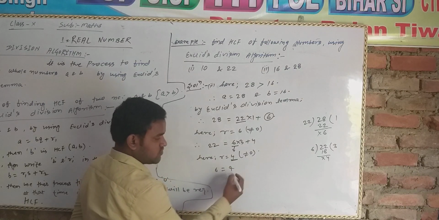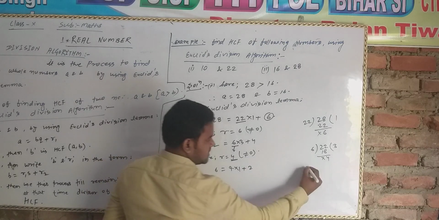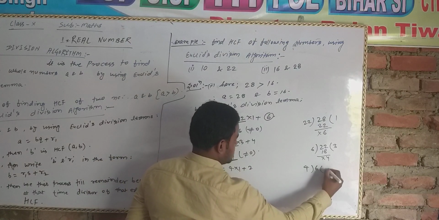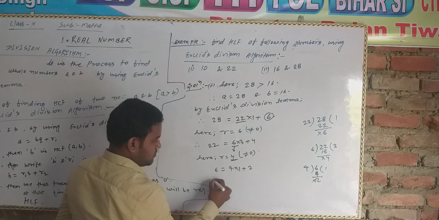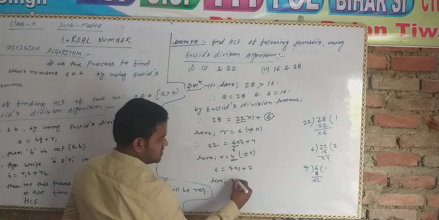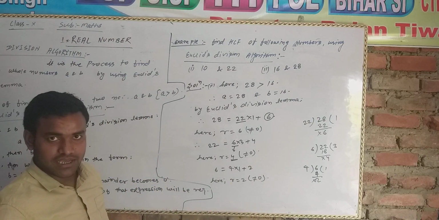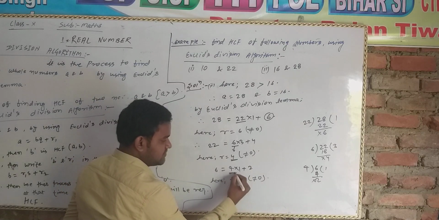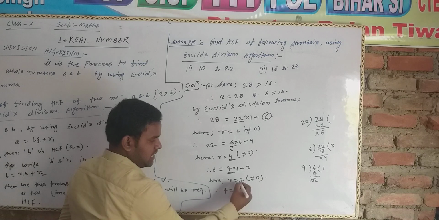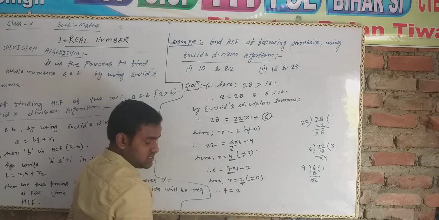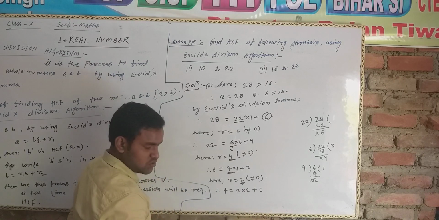Divide 12 by 4, quotient will be 3 and remainder will be 0.